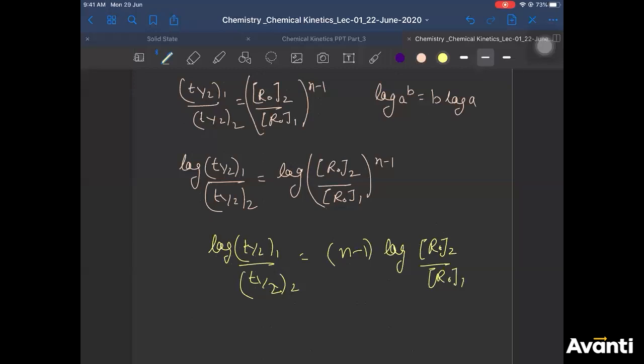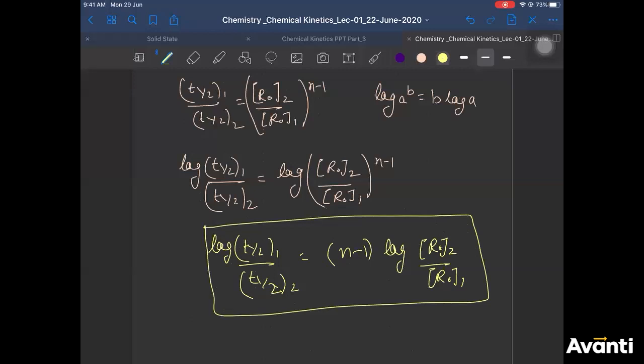If these values are given, you can make two equations and simplify this. This is one method of finding the order of the reaction, where n is the order. If two t half values and two initial concentrations are given, you can find the order.